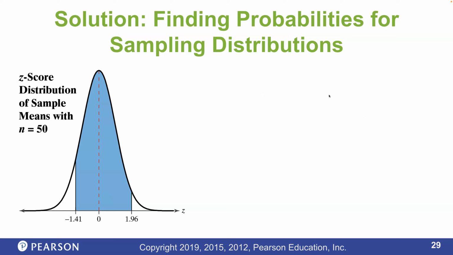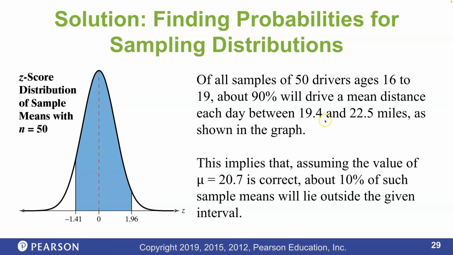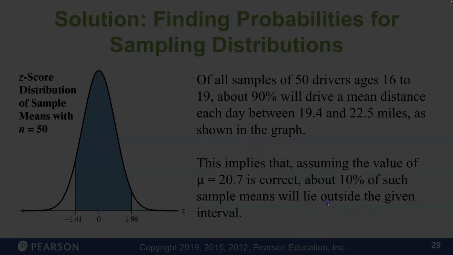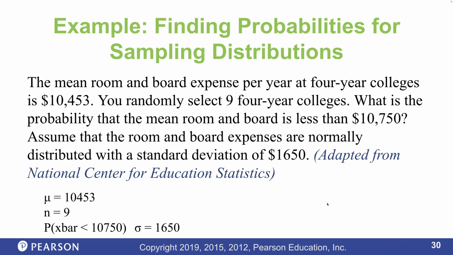But that's something we will talk about in the third unit. Right now, we are just finding the probability of seeing such a sample mean using the normal distribution. So this implies that, assuming the value of mu equals 20.7 is correct, about 10% of such sample means will lie outside the given interval. All right, let's see this.